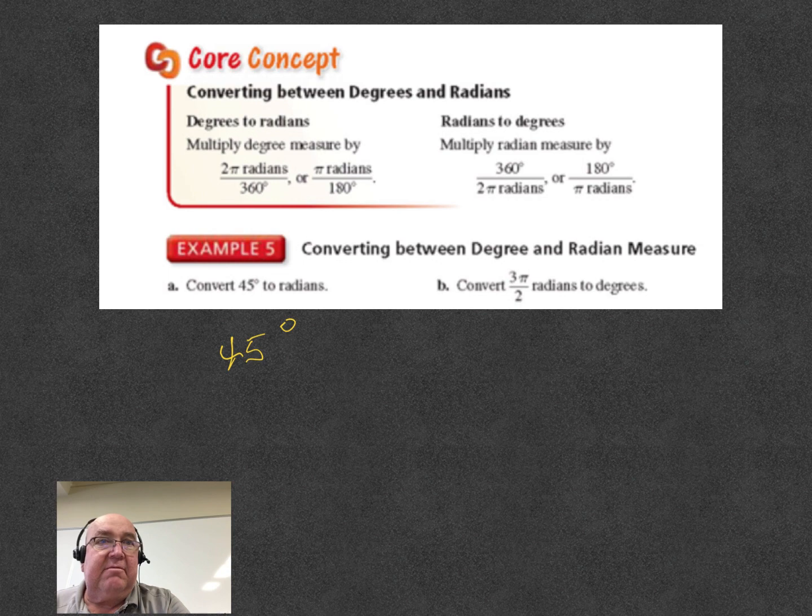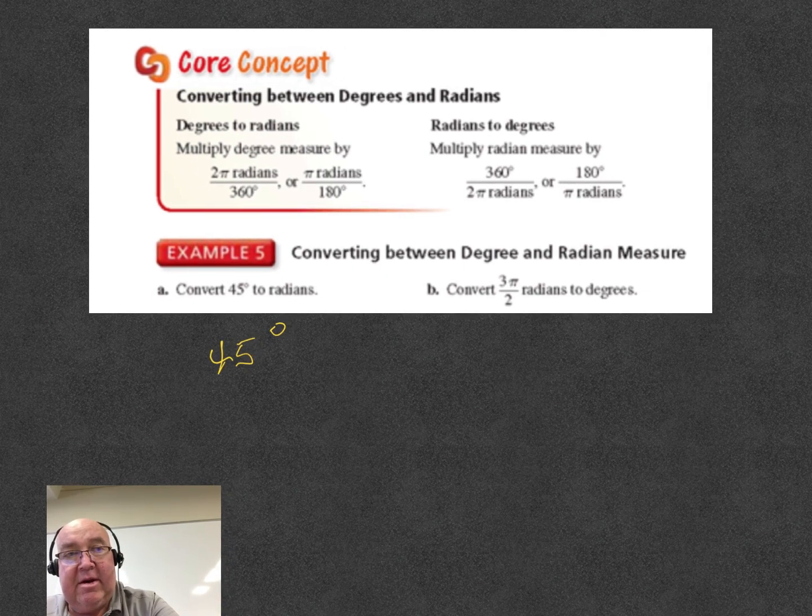So we're going to multiply by pi radians over 180. 45 is 1/4 of 180, so we're going to have pi radians over 4.